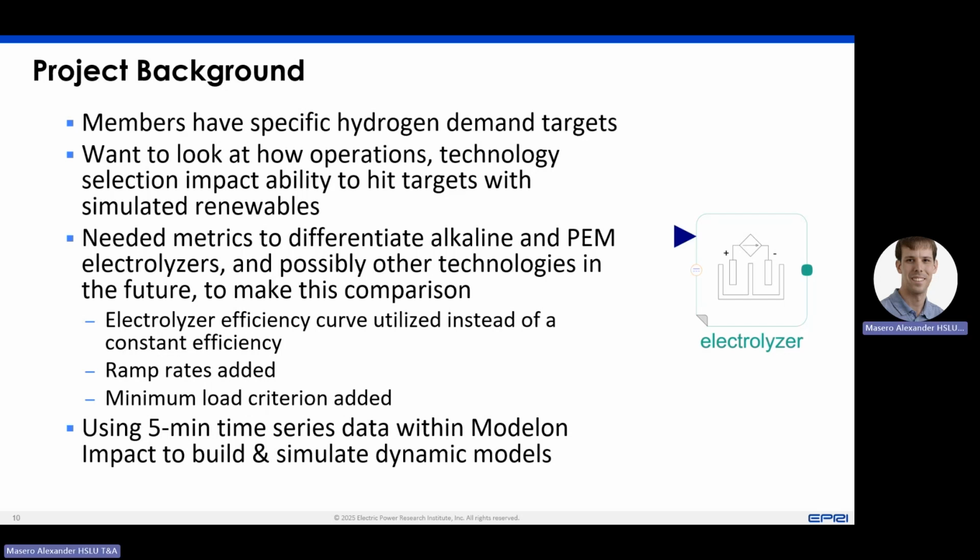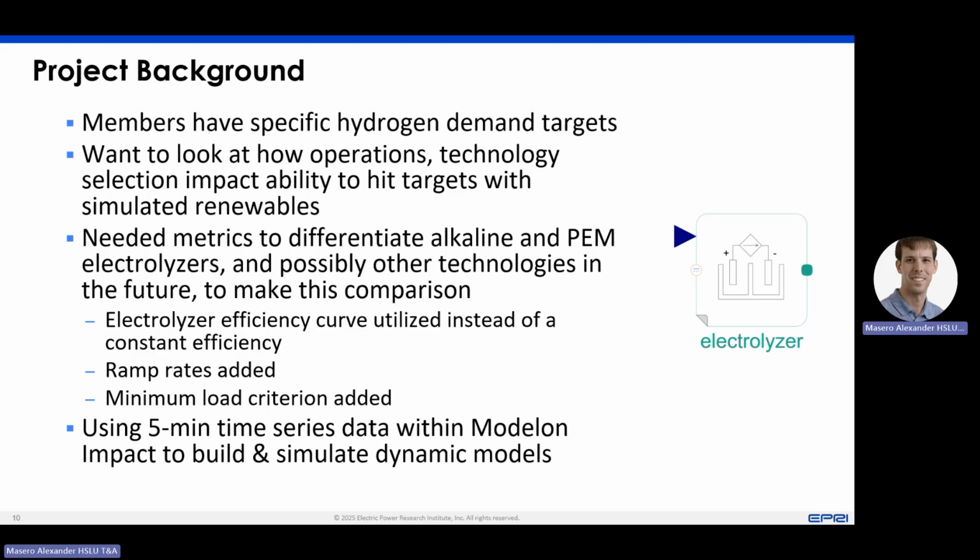The electrolyzer module had the ability to input custom efficiencies, sizing, and all of that sort of thing. But we needed to include factors such as the ramp rate of the systems as a whole and the minimum load criterion, or the smallest amount of power that you could feed your system while safely producing hydrogen, safety being the key word there.